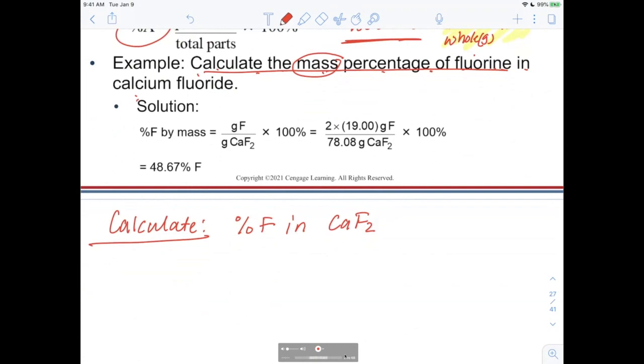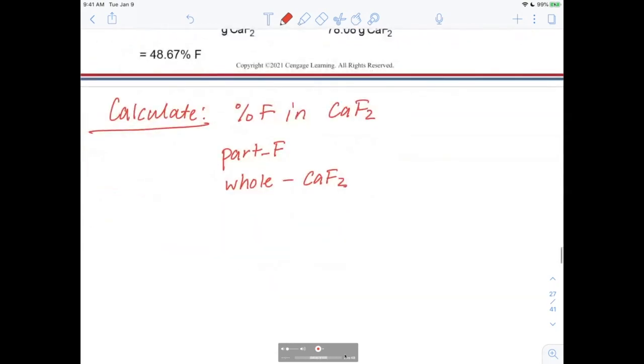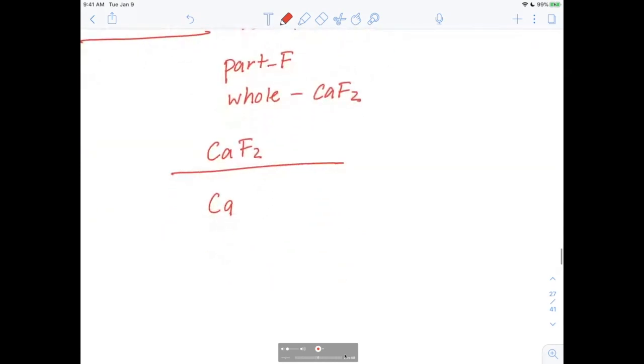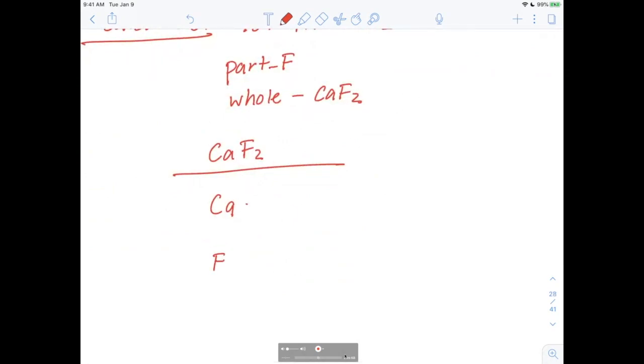So our part is obviously fluorine, and our whole is calcium fluoride. So let's take the whole and break it down into parts. Calcium fluoride is made up of calcium and fluorine.